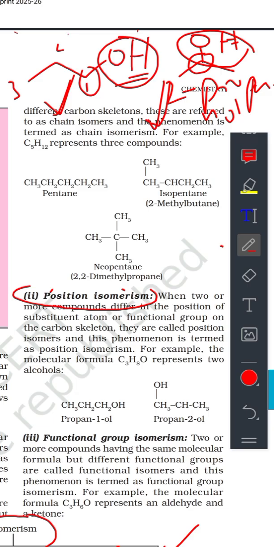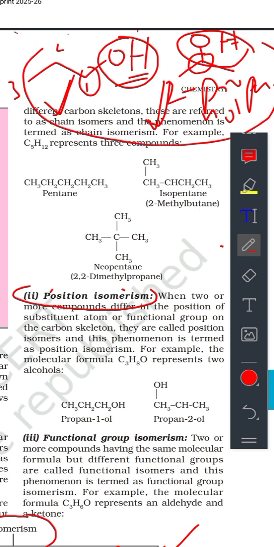That means isomers which have the same molecular formula but differ in the position of the functional group or the position of the chain, mainly the position of the functional groups, are called position isomers.